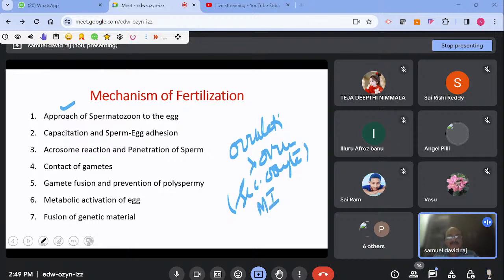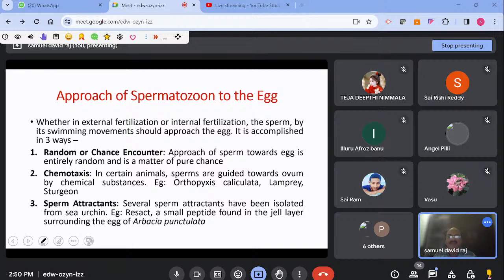Now the secondary oocyte has to complete the second meiotic division and form the ovum. This is accomplished by metabolic activation of the egg followed by fusion of the genetic material, that is amphimixis or syngamy. And let's start with the first step, approach of the spermatozoon.